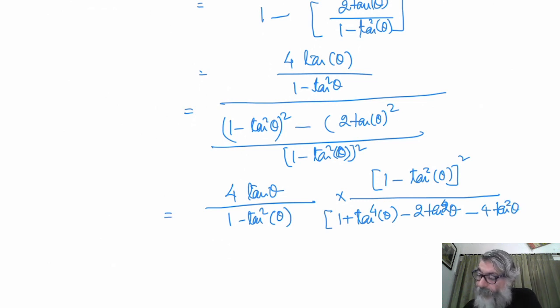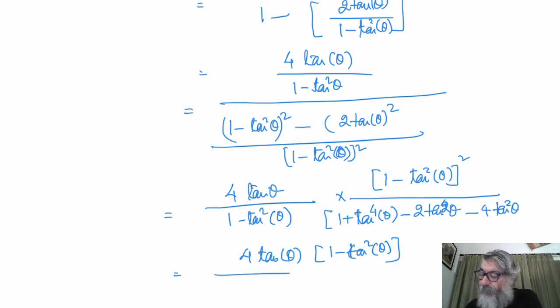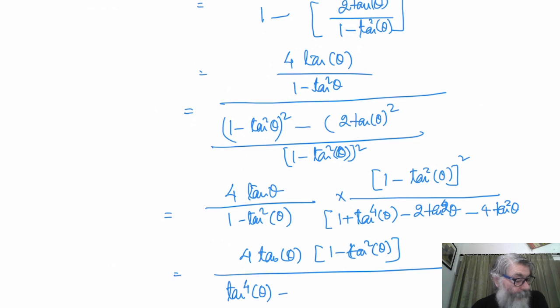So you will realize that one bracket will cancel with 1 minus tan square theta. It will remain 4 tan theta times 1 minus tan square theta, and the denominator becomes tan 4 theta minus 6 tan square theta plus 1.